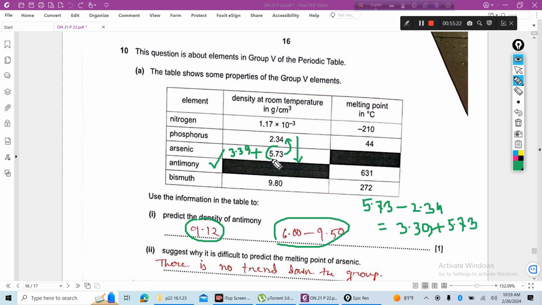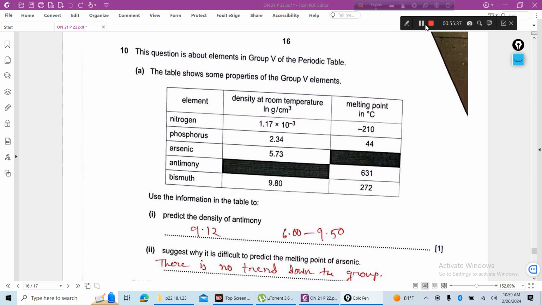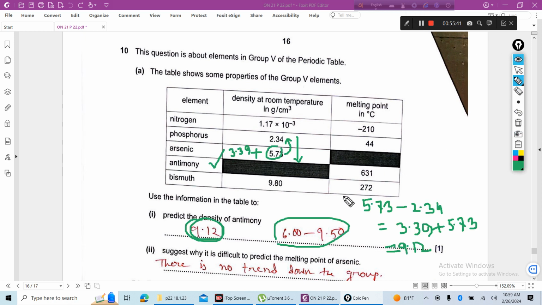If you add this value, you will get 9.12. So this is the answer, 9.12. Or any values from 6 to 9.5 you will get the mark.